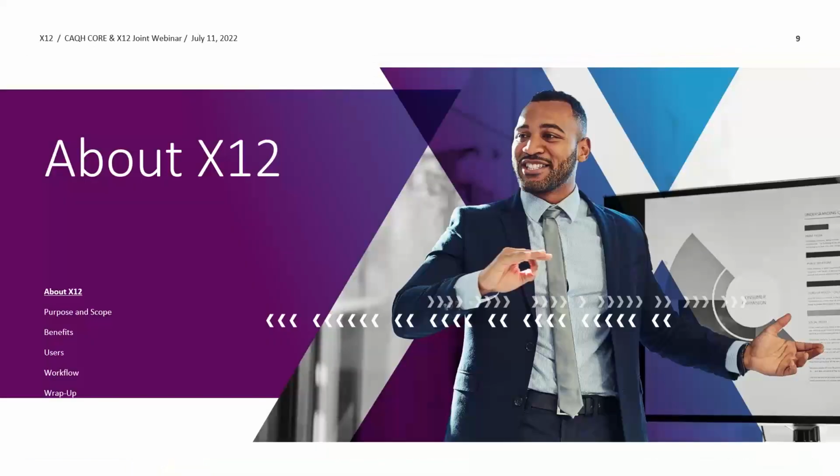So the gist of the X12 arena is each transaction that is HIPAA mandated, as well as a large number of transactions that are outside of the HIPAA sets.